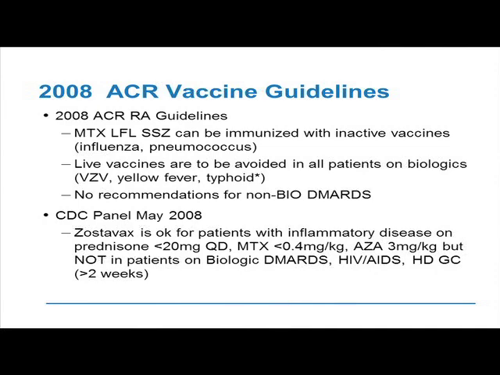It basically tells us several things. One, if we take care of patients with inflammatory arthritis and we're using immunosuppressives, we need to be involved in these decisions. Before we plot our therapy, whether it be biologic or non-biologic, we need to get our patients up to speed on their vaccinations.